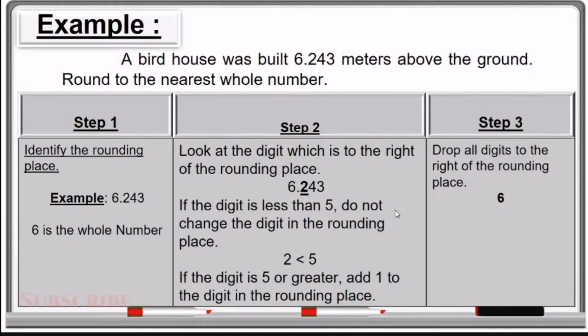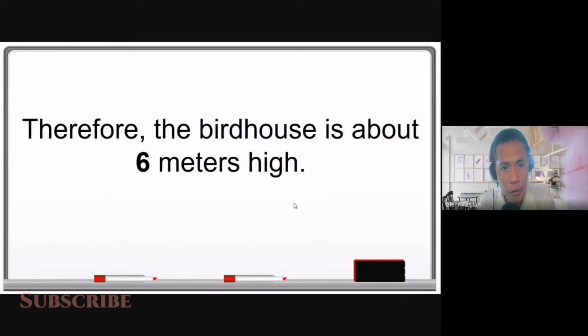Its neighbor is 2, which is less than 5. If the digit is 5 or greater, add 1 to the digit in the rounding place. Then step number 3, drop all digits to the right of the rounding place. Therefore, the birdhouse is about 6 meters high.